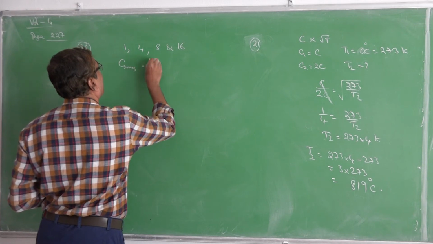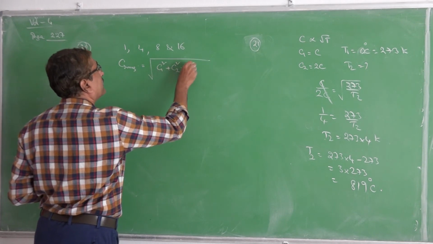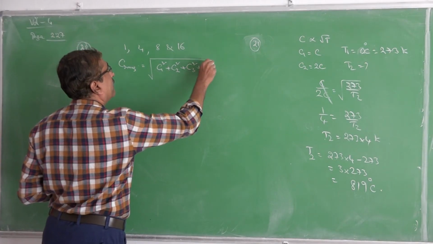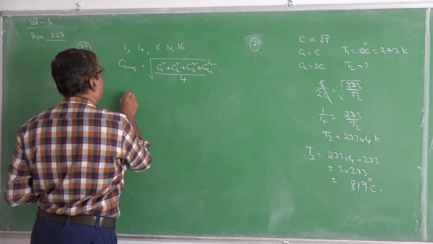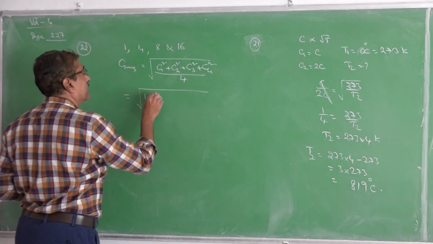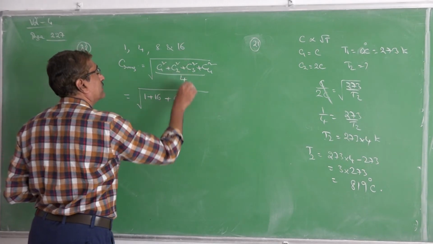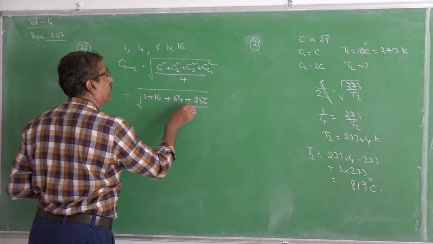What is RMS velocity? Square root of C1 square plus C2 square plus C3 square plus C4 square by 4. That is square root of 1 plus 16 plus 64 plus 256 by 4.